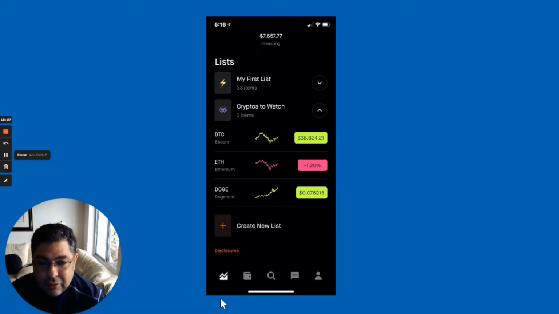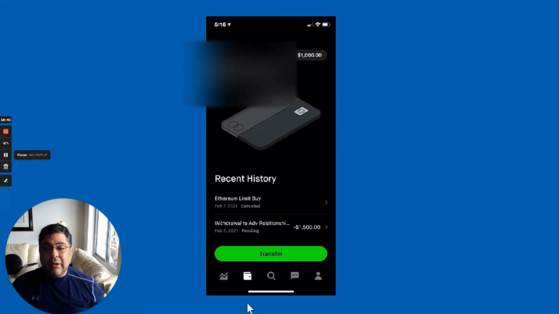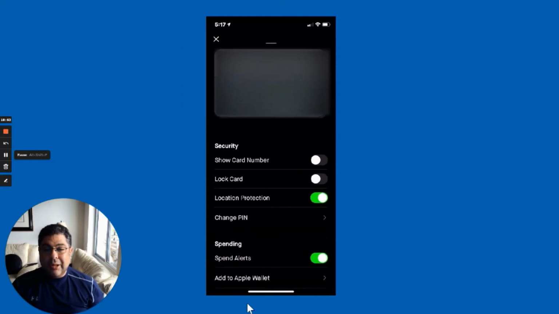So before I do the trade, I'm gonna now walk through the other menus so you see what else you have here. And then I'll do the order of Bitcoin. Okay, so the second one basically is your cash. That's how much cash. You can get a debit card, and I recommend that you get it, so it works almost like an account.